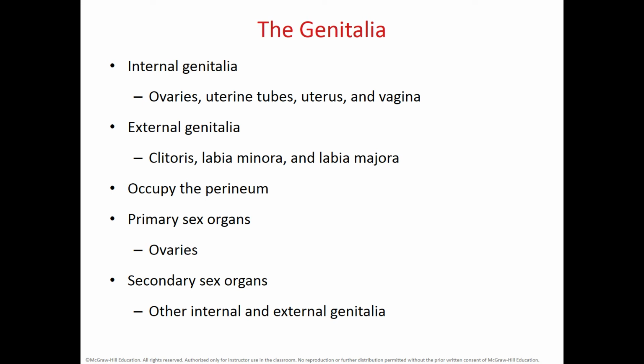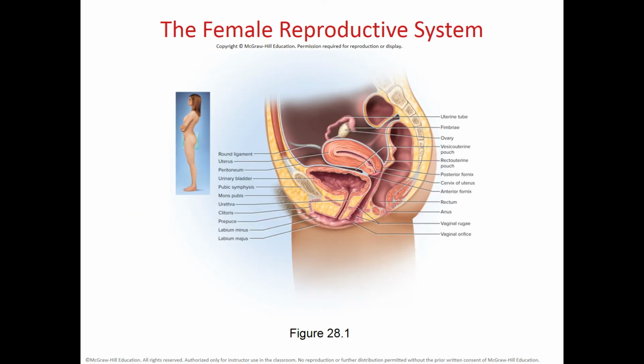And then again, primary sex organs, which are the gonads, the ones that produce the gametes and the hormones, are in the female the ovaries. Secondary sex organs will be both internal and external genitalia.